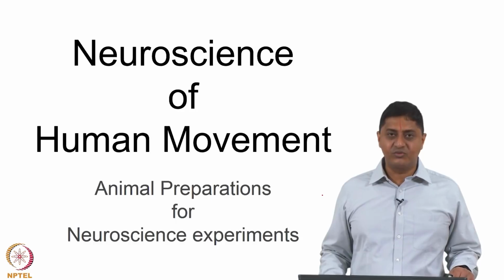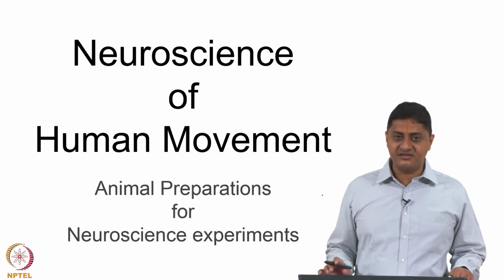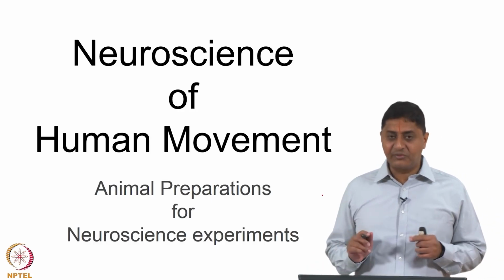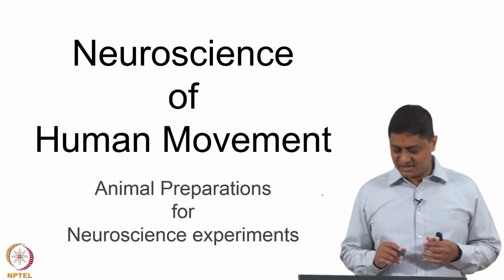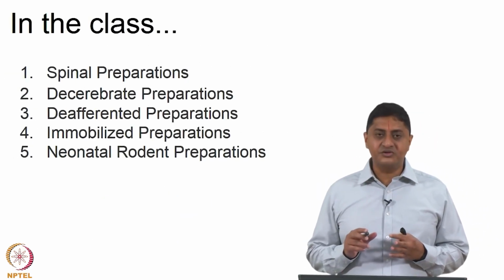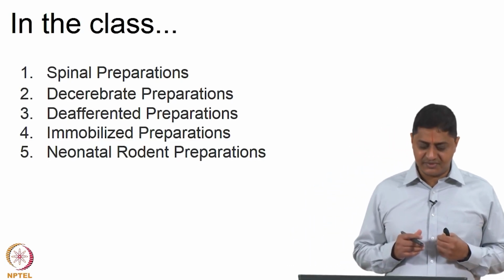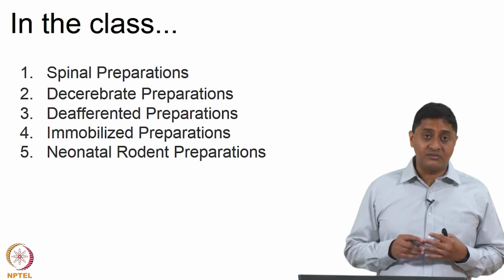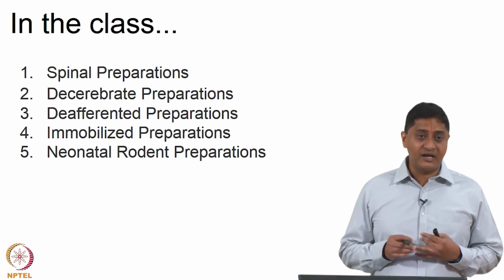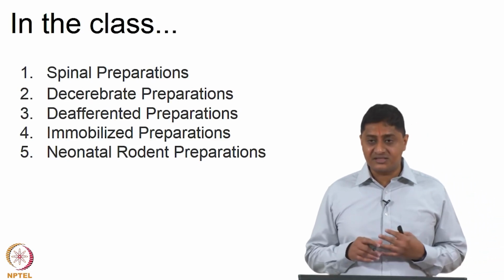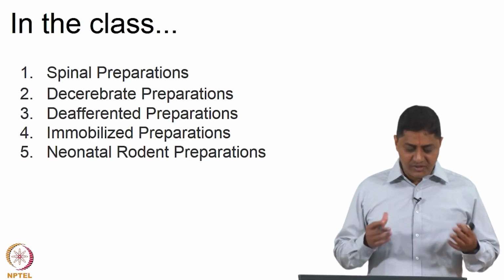So, welcome to this class on neuroscience of human movement. In this class we will discuss animal preparations that are used in neuroscience experiments. In neuroscience, great knowledge in the last century has been obtained by the use of experimental animals or animal models to study movements.